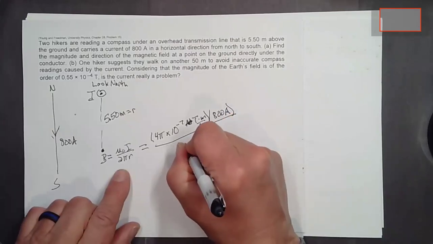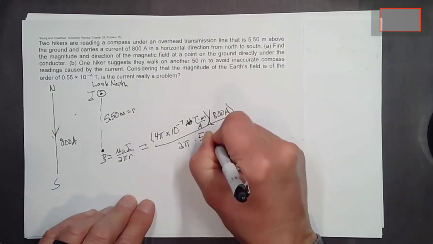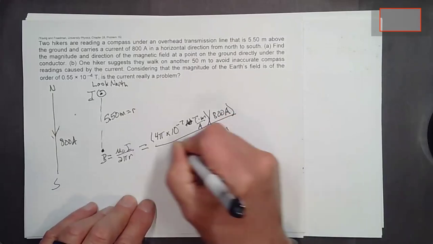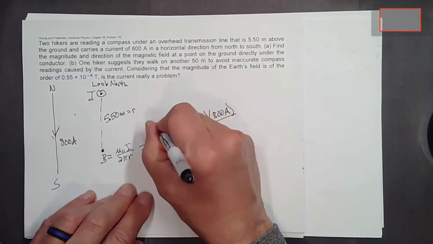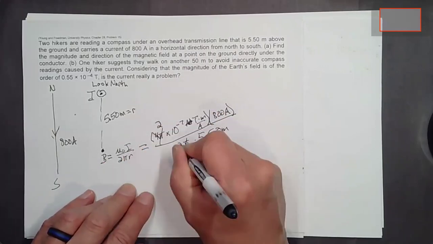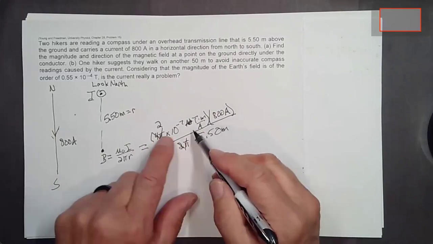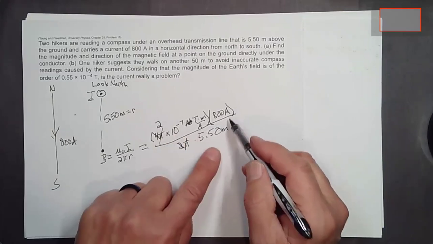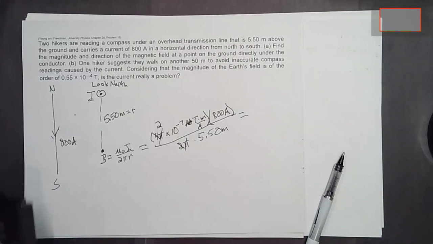And down here, I'll have 2 times pi times 5.50 meters. Okay, well, the pi's divide out. 4 over 2 is going to leave me with a 2 up here. So took care of all those stuff. And so 2 times 10 to the minus 7th times 800 divided by 5.5. So let's see how it comes out.